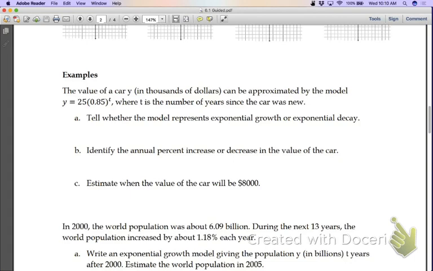So the second part deals with more of the modeling, essentially a word problem, of growth and decay.